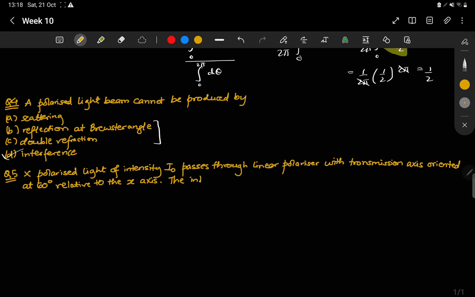The intensity of transmitted light is: option A, 0; option B, I naught by 2; option C, I naught by 4; and option D, 3 I naught by 4.